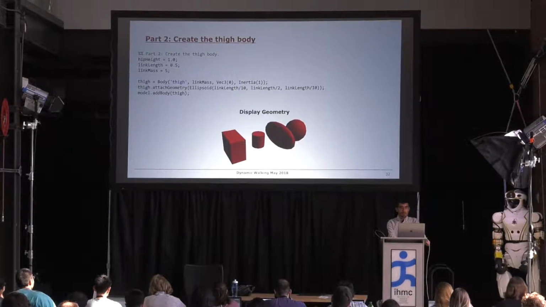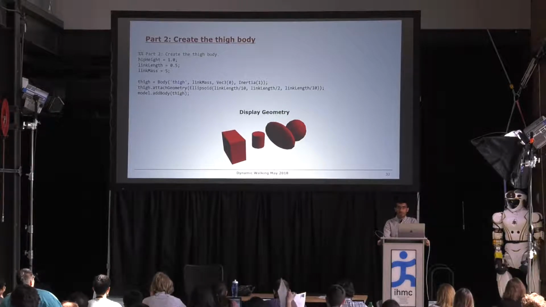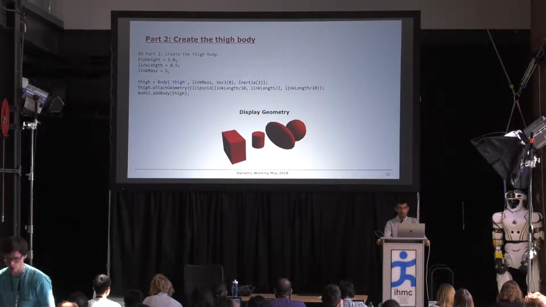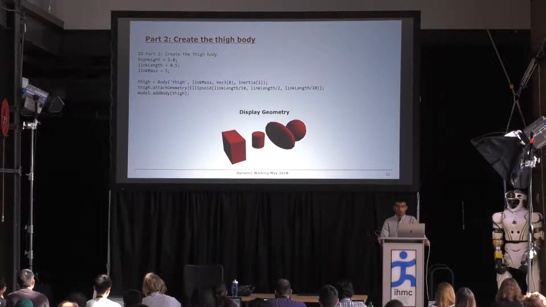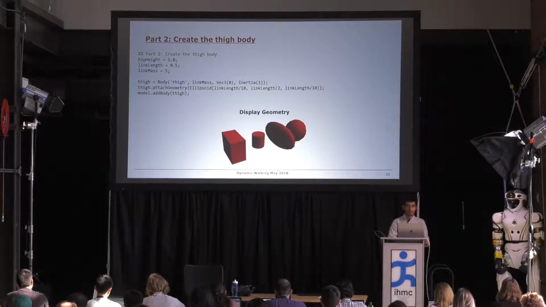On its own, bodies don't have any geometry. If we want to visualize a body, we must add geometry to it. You can add all sorts of geometry: boxes, cylinders, ellipsoids, or arbitrary meshes. We usually use arbitrary meshes for the bones you see in an OpenSim model. In this case, we'll add an ellipsoid. The constructor for ellipsoid takes 3 arguments, the half lengths for the x, y, and z axes of the ellipsoid.